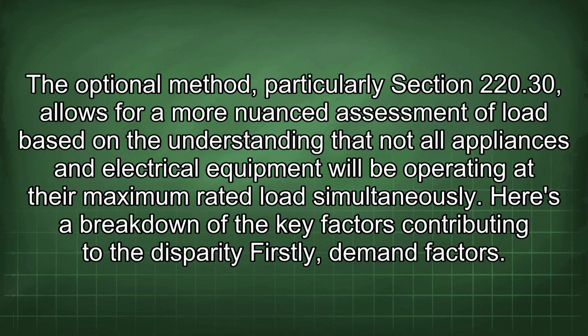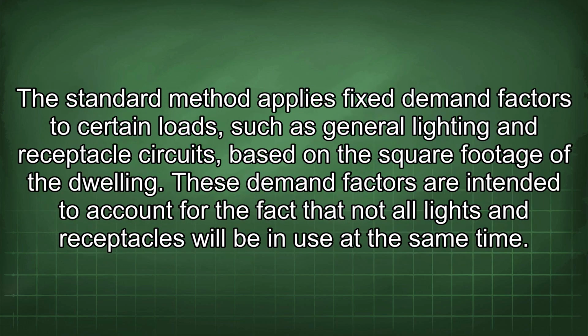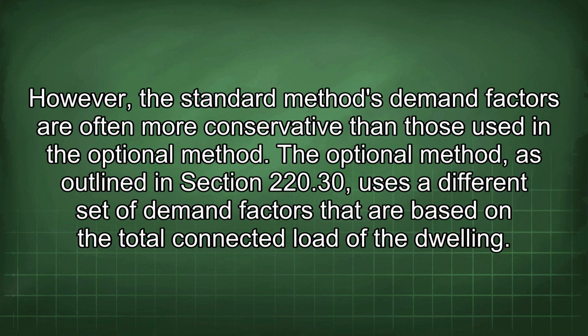Firstly, demand factors. The standard method applies fixed demand factors to certain loads, such as general lighting and receptacle circuits, based on the square footage of the dwelling. These demand factors are intended to account for the fact that not all lights and receptacles will be in use at the same time. However, the standard method's demand factors are often more conservative than those used in the optional method.